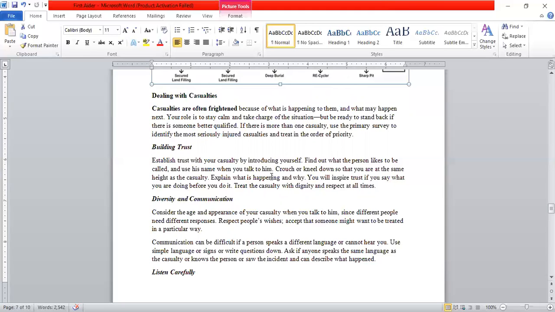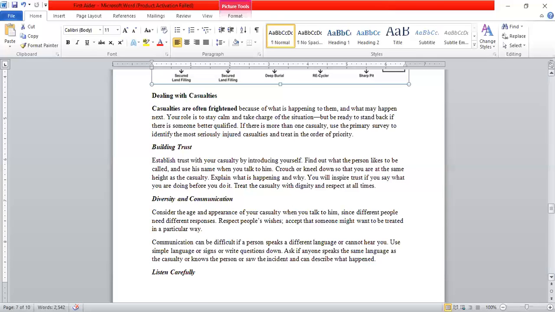You explain so that the casualty understands what is really happening, because some of them may not be aware of what has happened, since emergency situations or incidents like an accident occur very fast. Then you need to respect the casualty at all times, even in the language you use, which should be kind, and you refer to them with dignity.